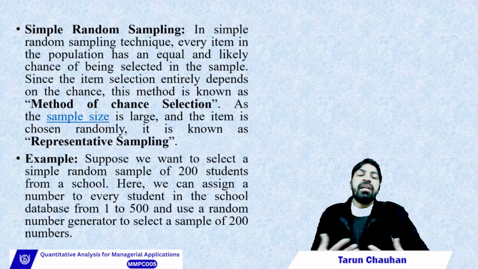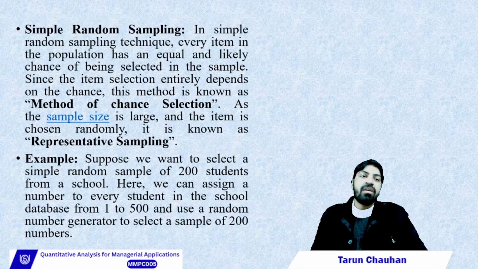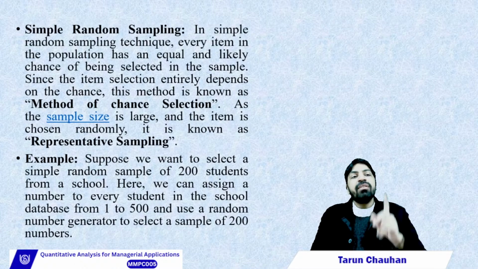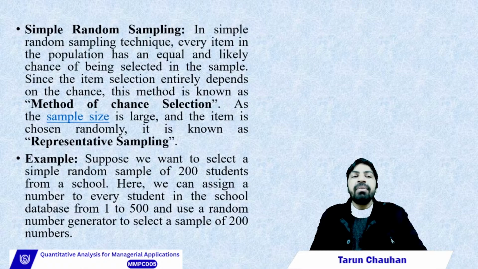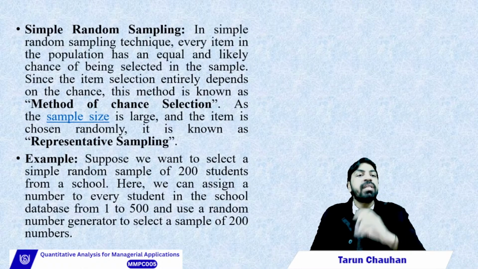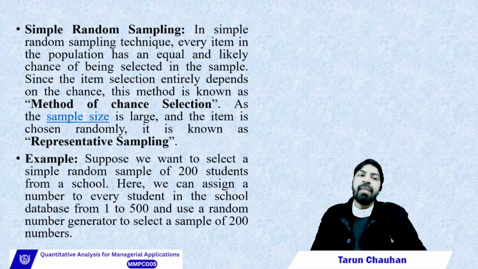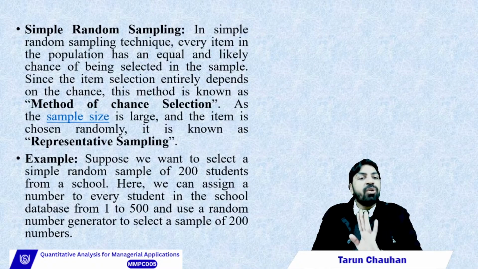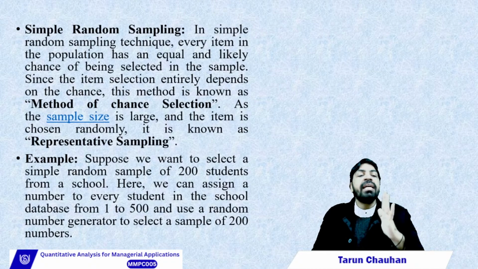Now I'm talking about the various subcategories of the probability sampling method or techniques. The first subtype of the probability sampling method is simple random sampling. In simple random sampling, every item of the population has an equal chance of being selected in the sample.